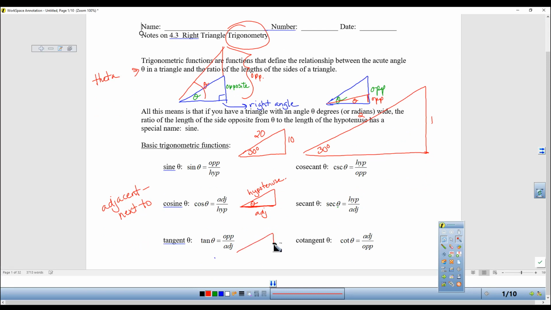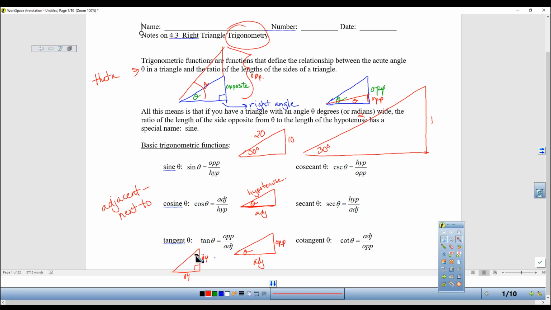If you want to talk about opposite over adjacent and how those two are related, then you're going to get tangent. For example, you might know that in an isosceles right triangle, if this is 1, this is 1. If this is 14, this is 14. They have a 1-to-1 ratio.